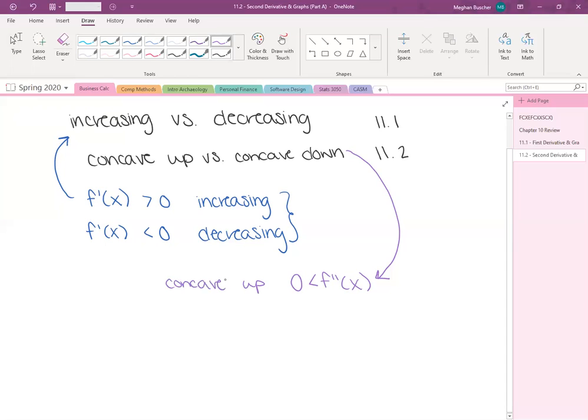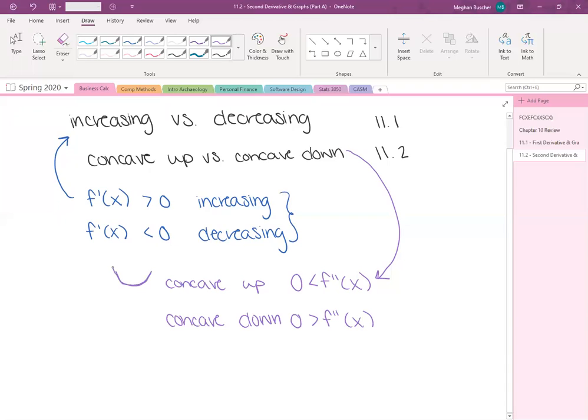And then when the second derivative is negative, less than 0, we are concave down.